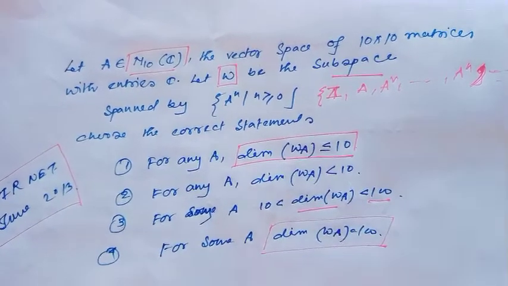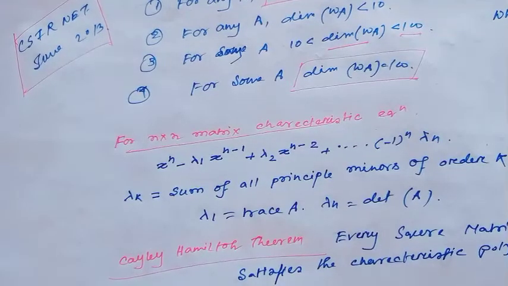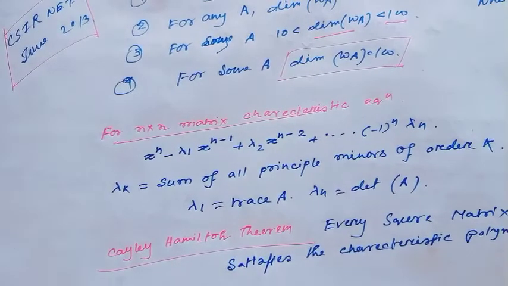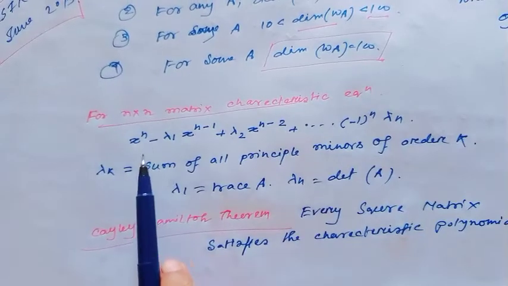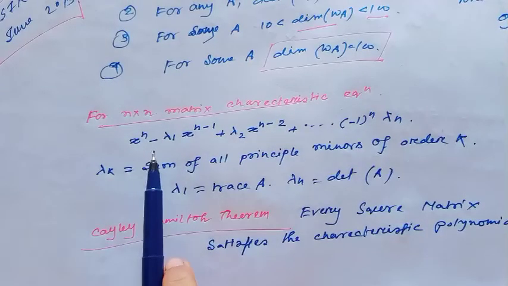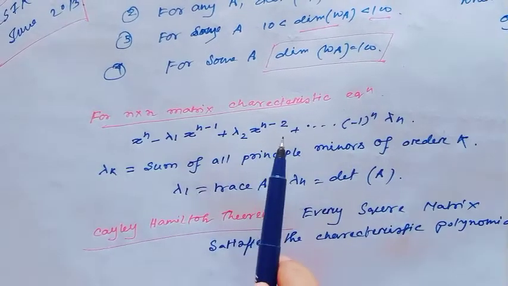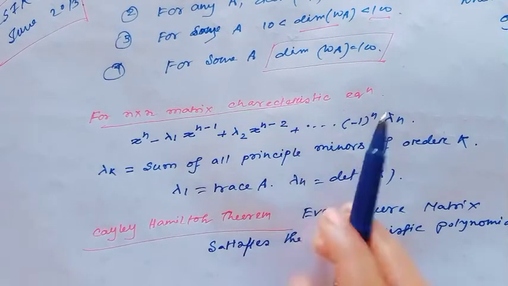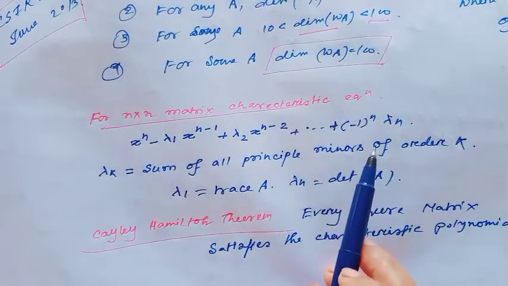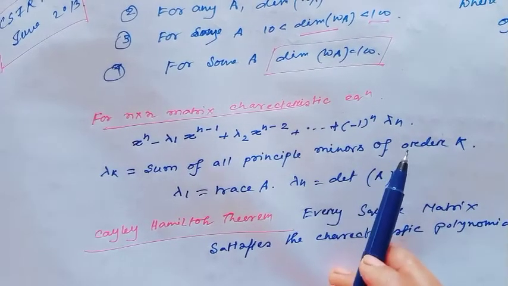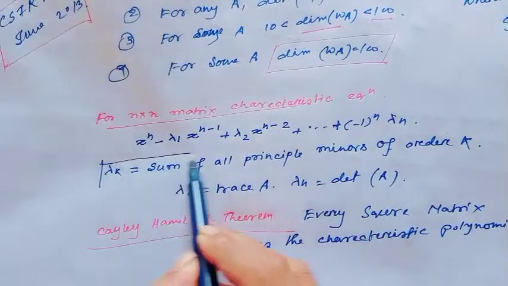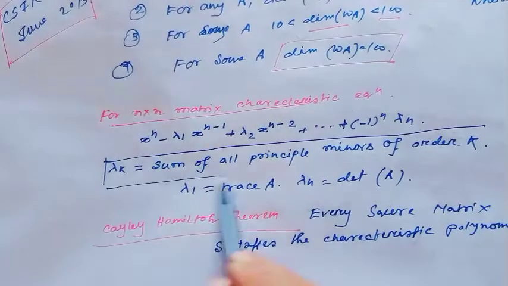Let's check again. Here the concept is the characteristic equation. Since the given vector space is 10 cross 10 matrices with complex field, we all know the characteristic equation of an n cross n matrix would be of this type: x to the power n minus lambda 1 x to the power n minus 1 plus lambda 2 x to the power n minus 2, and this would continue, plus minus 1 to the power n lambda n, where lambda k means the sum of all principal minors of order k.